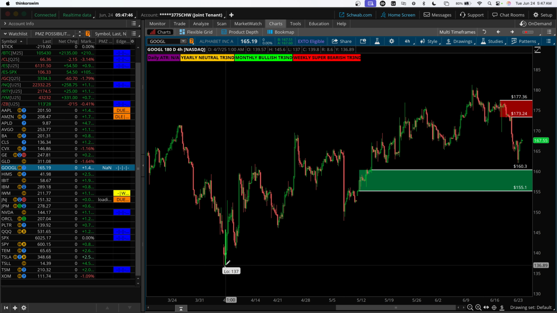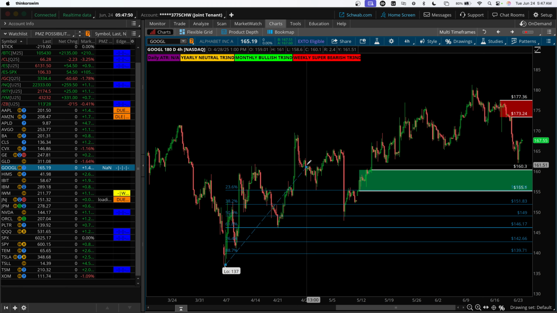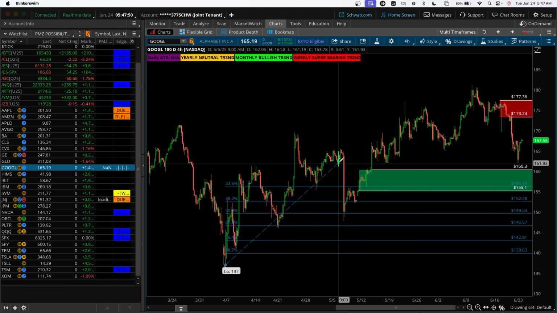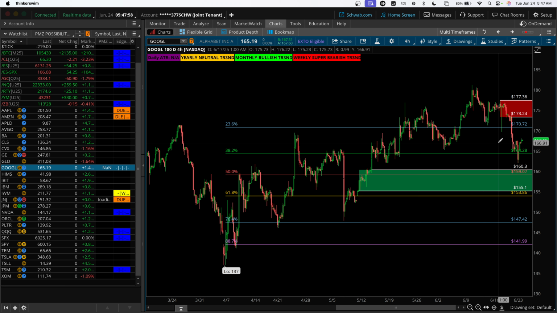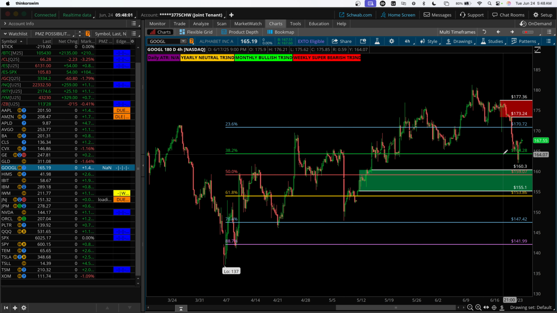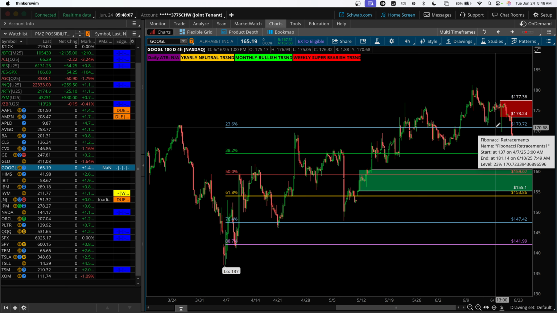But if I run a Fibonacci retracement from that low to this swing high, I would get Fibonacci levels. I can see that price is holding inside of the bull channel right now. So this would be my primary Fibonacci.